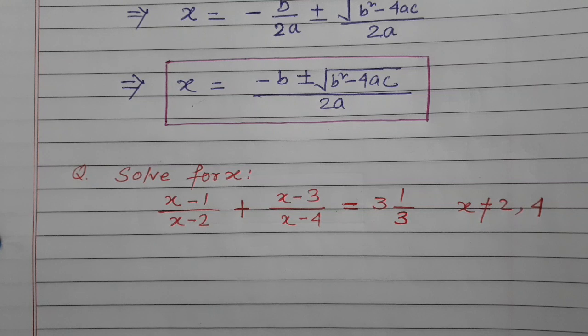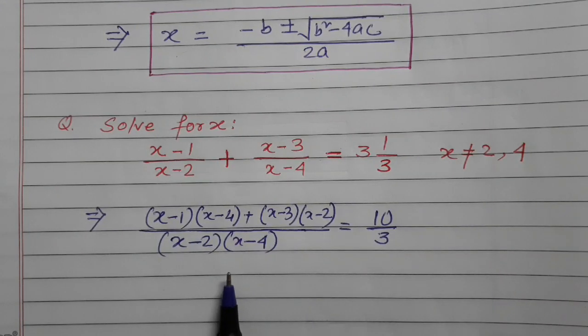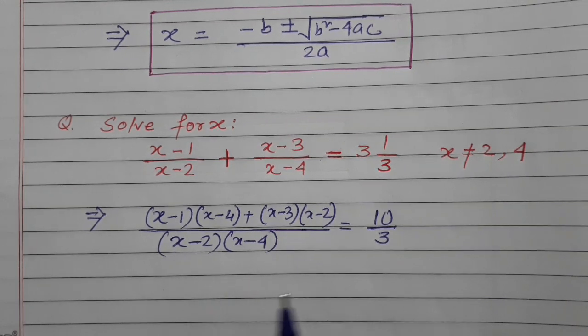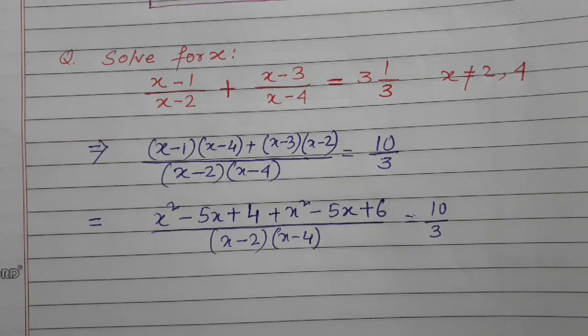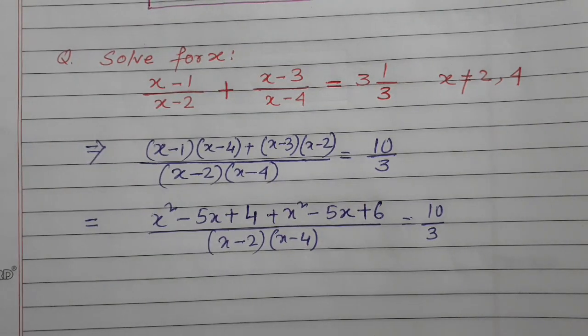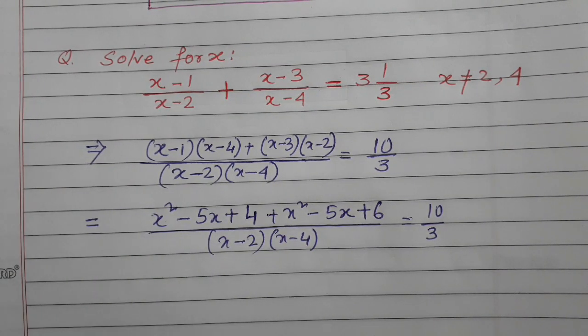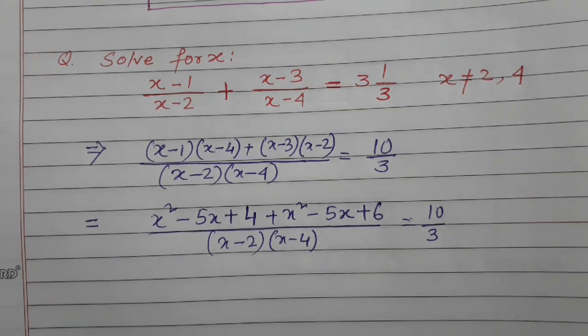It is very important. So after adding the left hand side, we will get this term, and the right hand side will be 10 by 3. After simplifying the numerator, we get x square minus 5x plus 4 plus x square minus 5x plus 6 by x minus 2 into x minus 4 equals to 10 by 3.